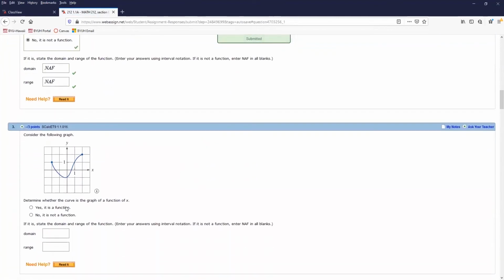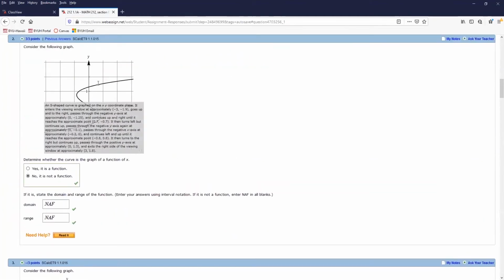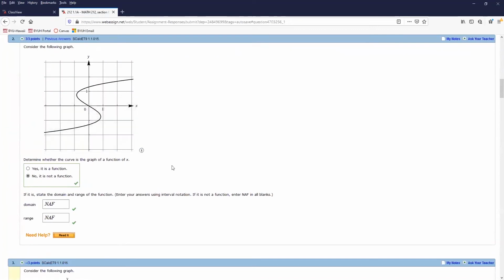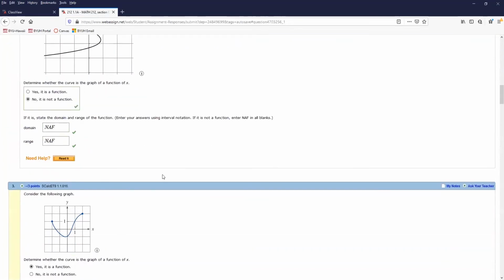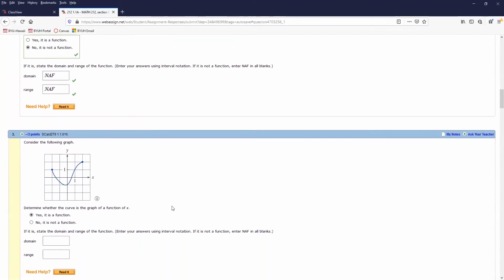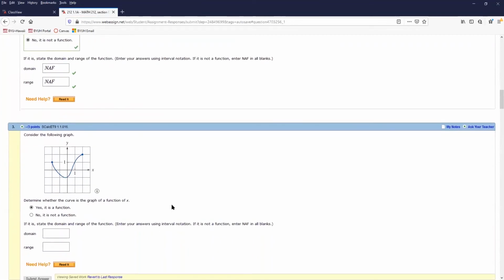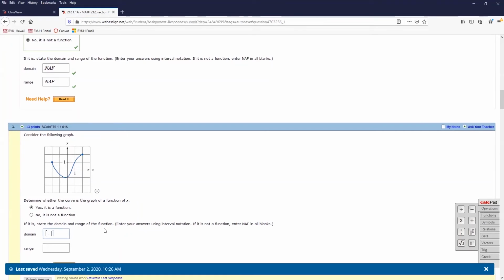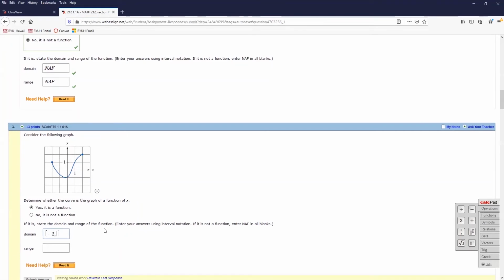Number 3, we have one that is a function because it does satisfy the vertical line test. See here, the problem is that a vertical line passes through more than one point. But here that doesn't ever happen, so this is a function. And then again, the domain is the set of x values, which is going to be -2 to 2, I believe.